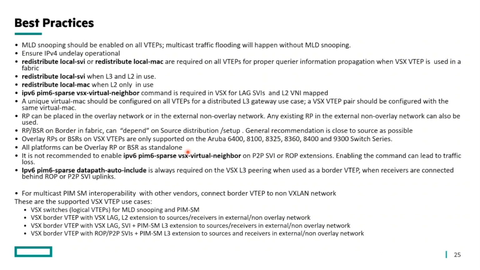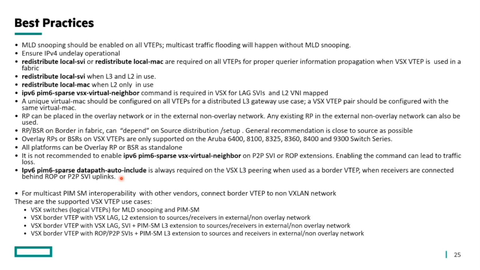It's not recommended to use this PIM6 sparse VSX virtual neighbor on the point-to-point links or routed port links that extend to the non-VXLAN network, otherwise you can get data loss. And then we need the PIM-v6 sparse data path auto include when we are using a border VTEP and we have receivers connected via PTP, SVIs, or routed ports.